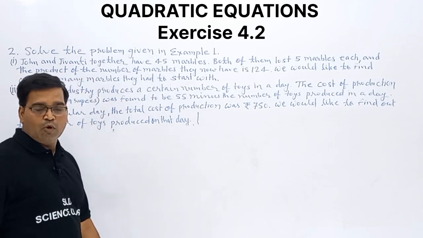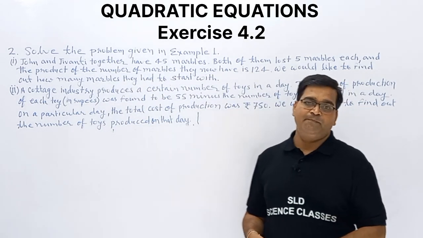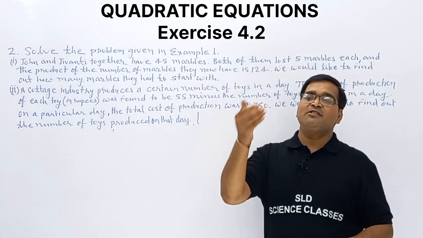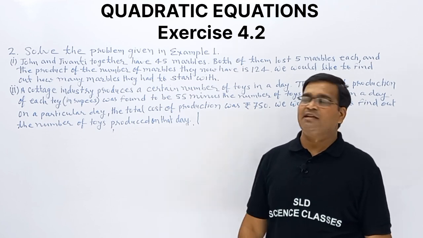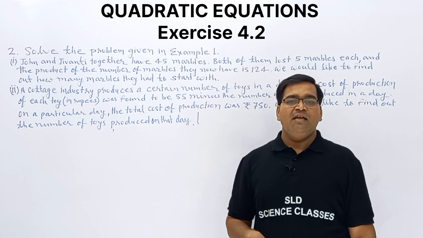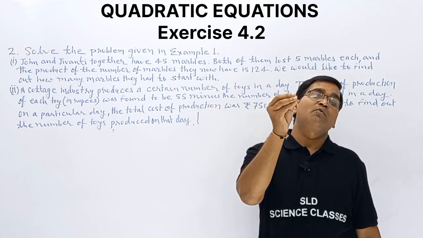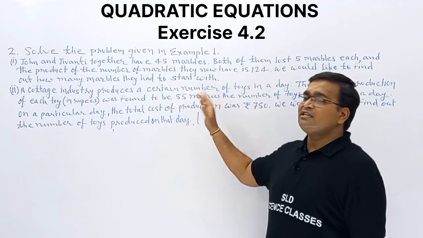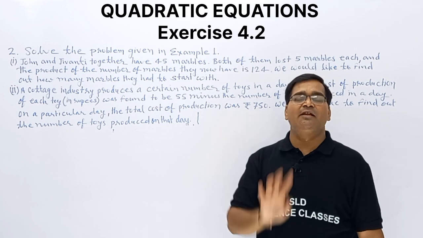In example 1, two situations are given. We observe the situation, we develop an equation, then we solve that equation and find the values. In that example we require only the quadratic equation, but that time we want the values. We solve the quadratic equation and we find the values.